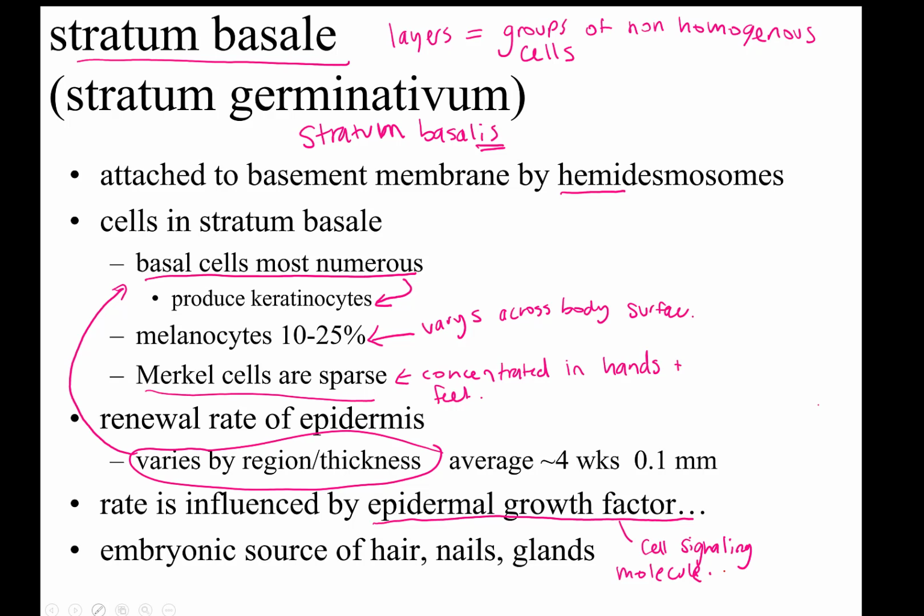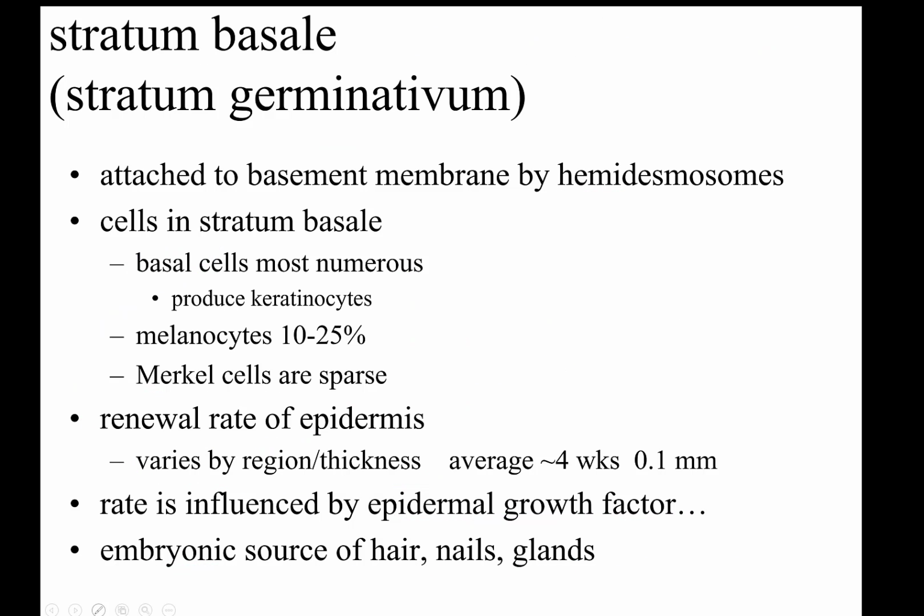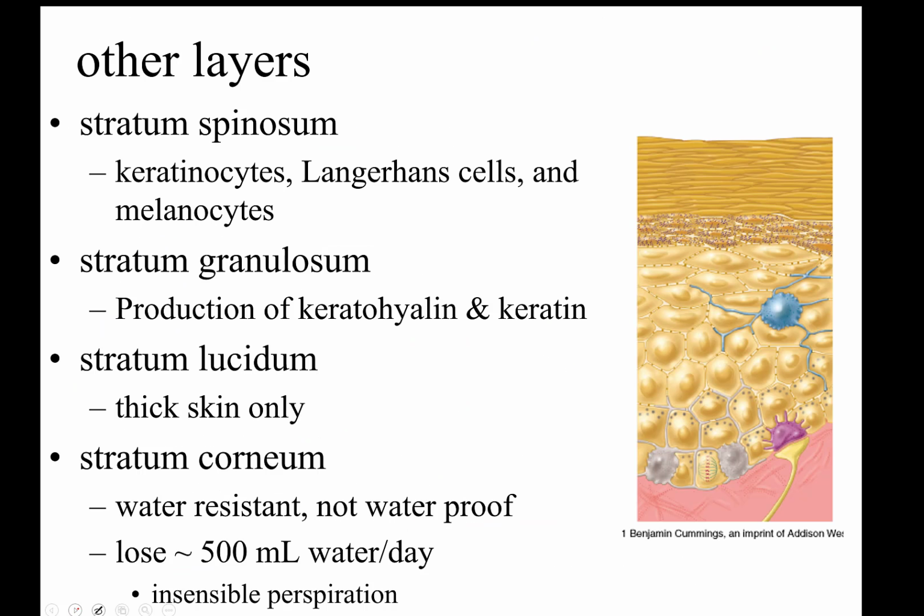And that just means it's a receptor binding molecule, so stratum basale cells express receptors for epidermal growth factor, and when they are binding to epidermal growth factor, they are going to be encouraged to divide more frequently. And as I mentioned earlier, this is the embryonic source of the accessory structures of the skin, which we'll cover later.